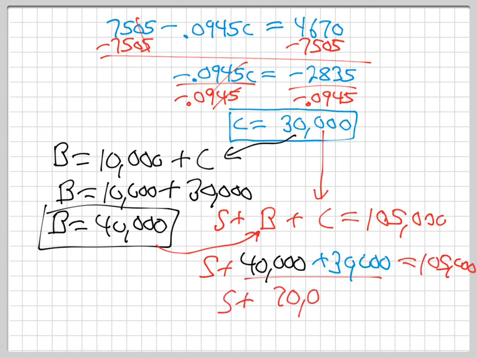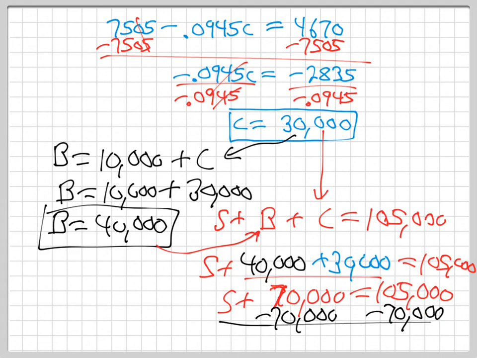What's that? 70,000. And last step to finish solving for S: subtract 70,000. Boom. S is 35,000. It must have been invested in stocks.